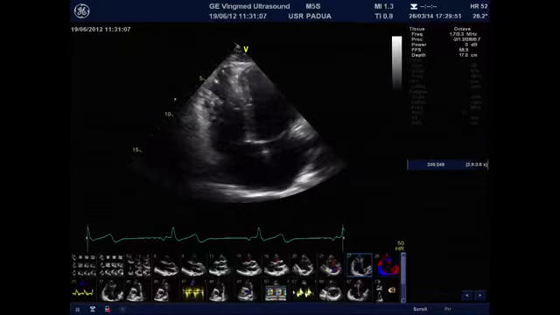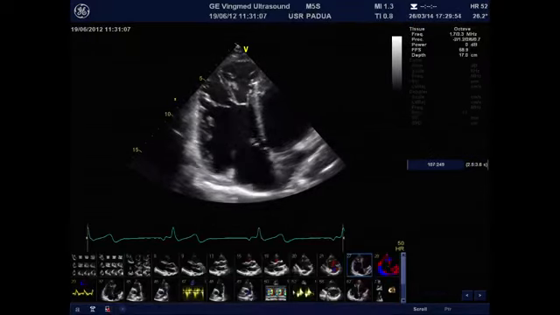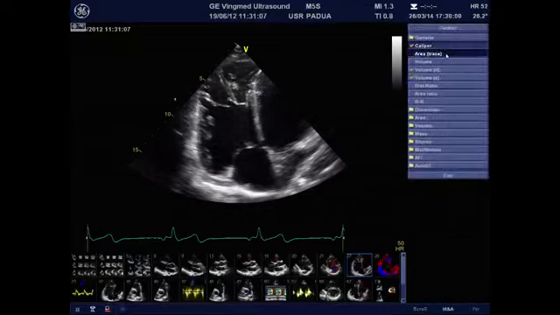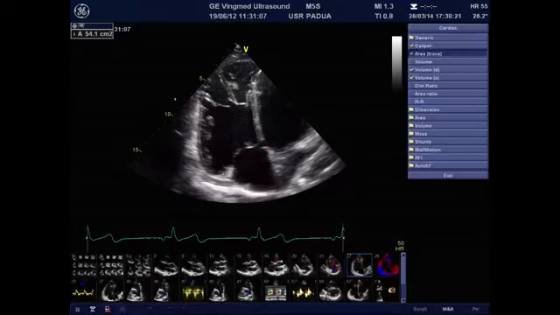So for measuring the largest dimension, we need to select the end diastolic frame and then select area trace, and then trace manually the endocardial border, making sure that all trabecular parts of the wall are included in the cavity, like this. And then we close at the level of the tricuspid annulus. In this case, the area is 54, so it is indicative of very severe dilation of the right ventricle, because the normal value is around 28 centimeters square.